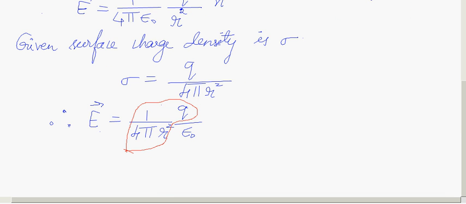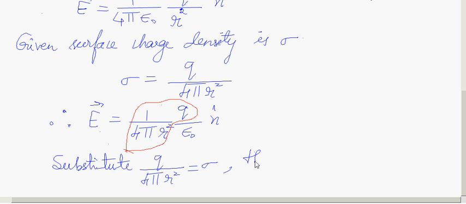Therefore we get, so here multiply by unit vector n. So substitute q divided by 4 pi r square equal to sigma.